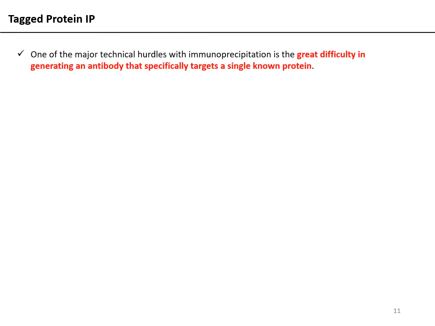So another kind that we are going to talk about is tagged protein immunoprecipitation. So what is tagged protein immunoprecipitation? One of the major technical hurdles with immunoprecipitation is the great difficulty in generating an antibody that specifically targets a single known protein.